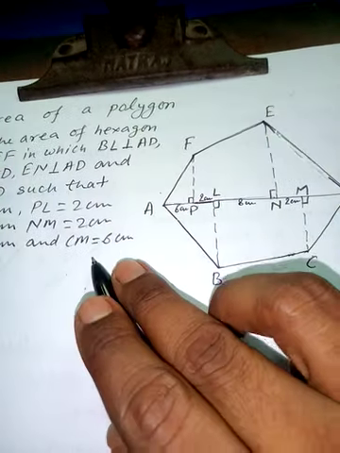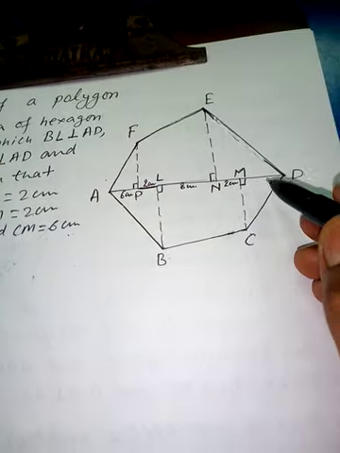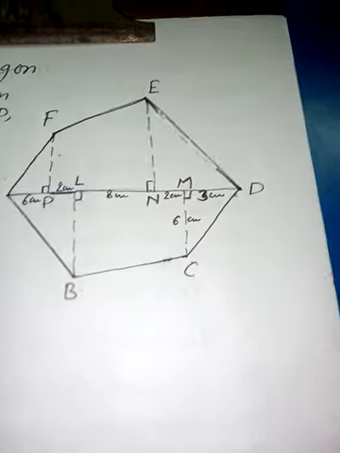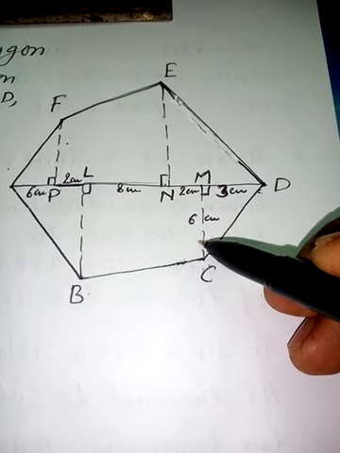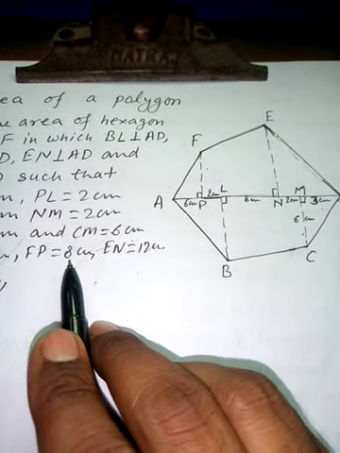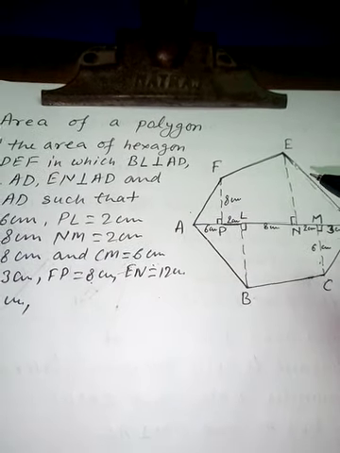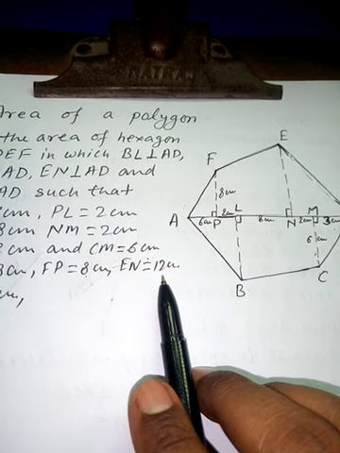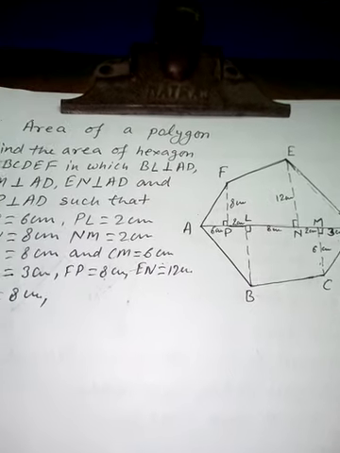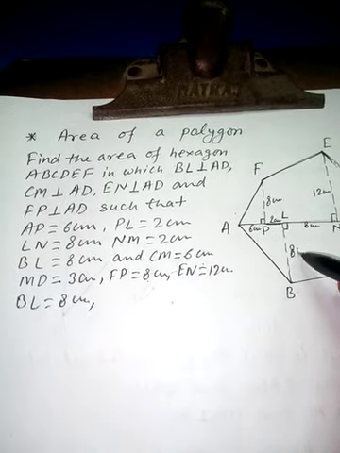CM is 6 centimeter and MD is 3 centimeter, and FP is 8 centimeter, and EN is 12 centimeter. BL is 8 centimeter.